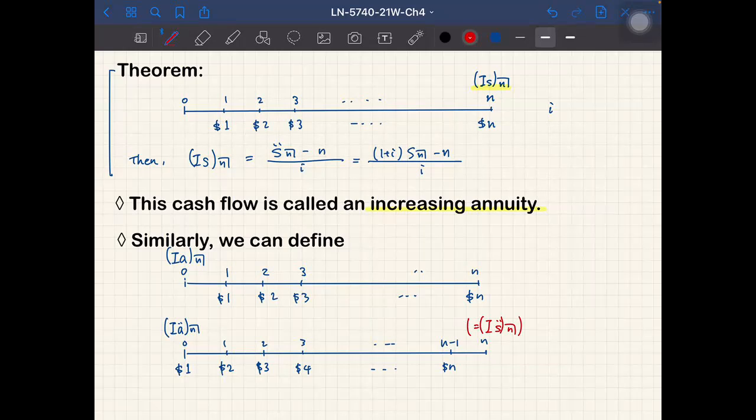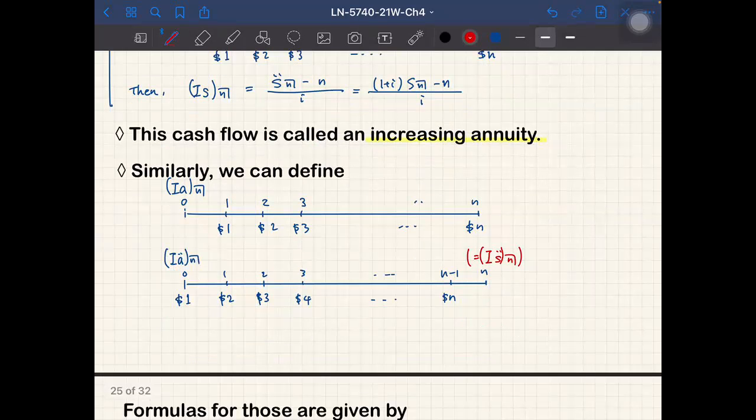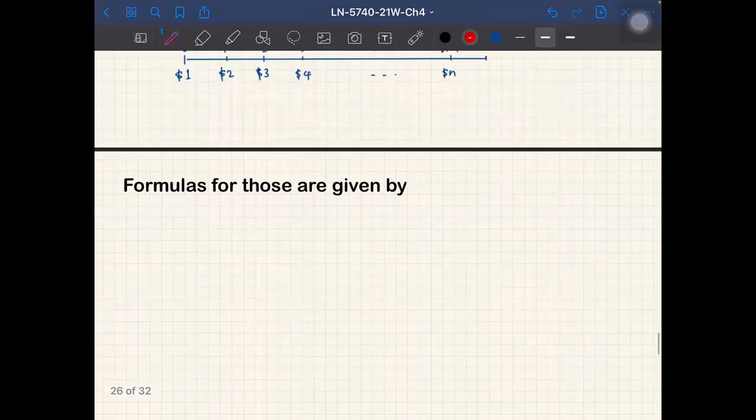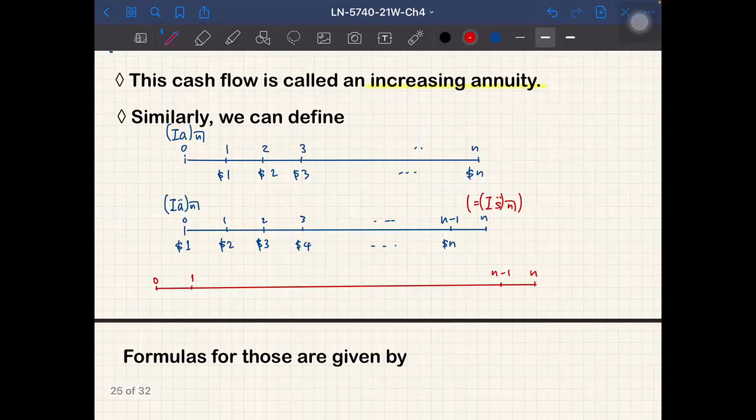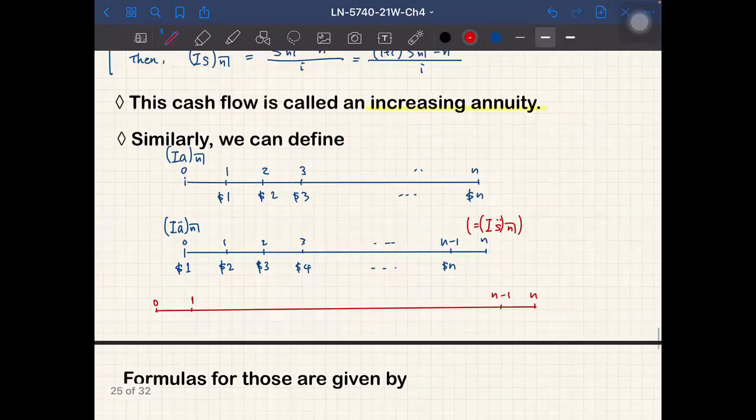So we can define these quantities in the same way, and you can see that these have just a time point difference. If we think about time 0, time 1, time n minus 1, and time n, basically these four quantities are the value at different time points, but the value is essentially the same.